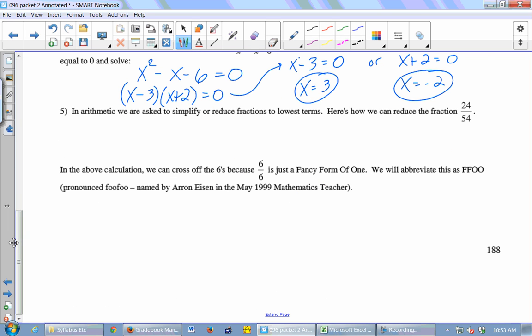All right, let's review how to simplify or reduce a fraction just with regular old numbers. 24 over 54. Do 24 and 54 have any factors in common? 3, anything else? 6?